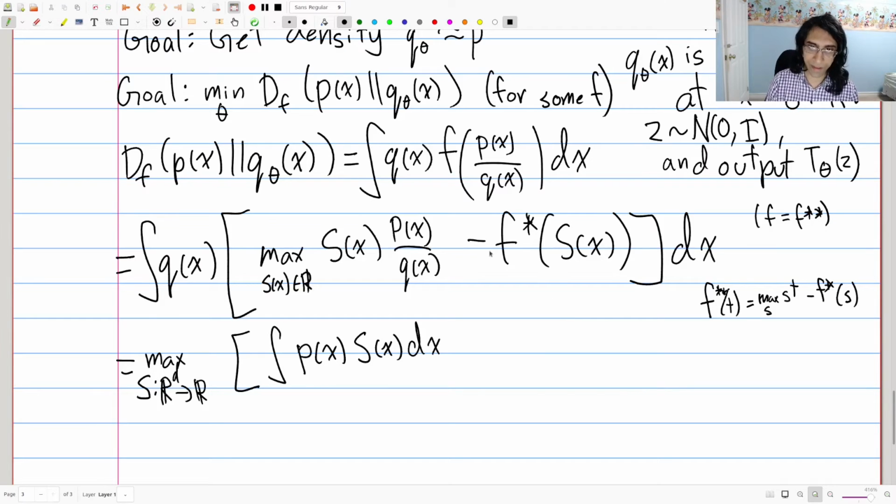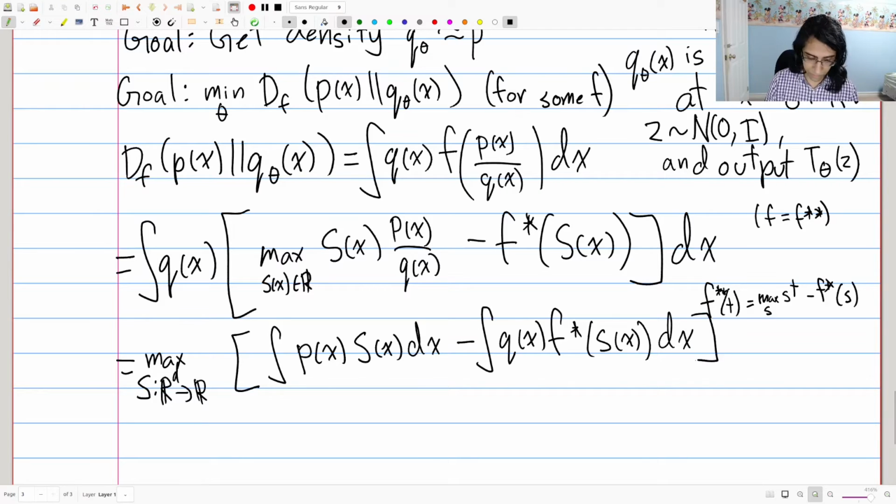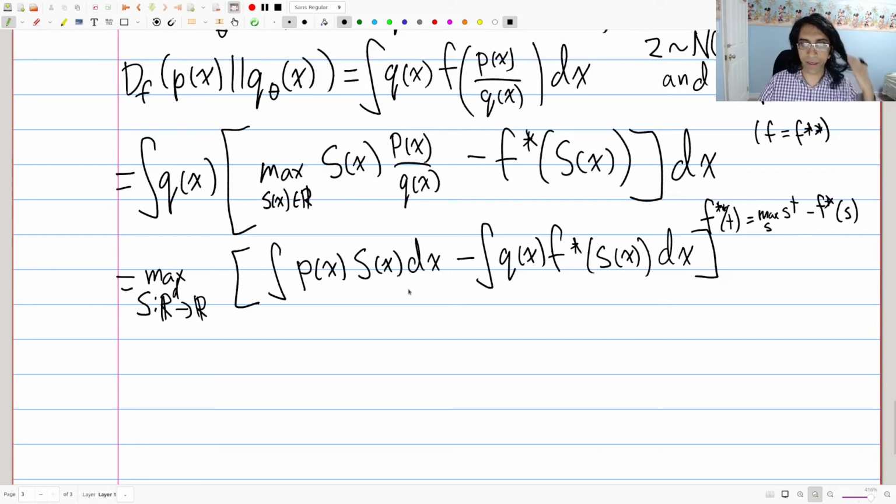And then the second term here, we're going to have minus integral of q of x f star of s of x times dx. And that's basically it.